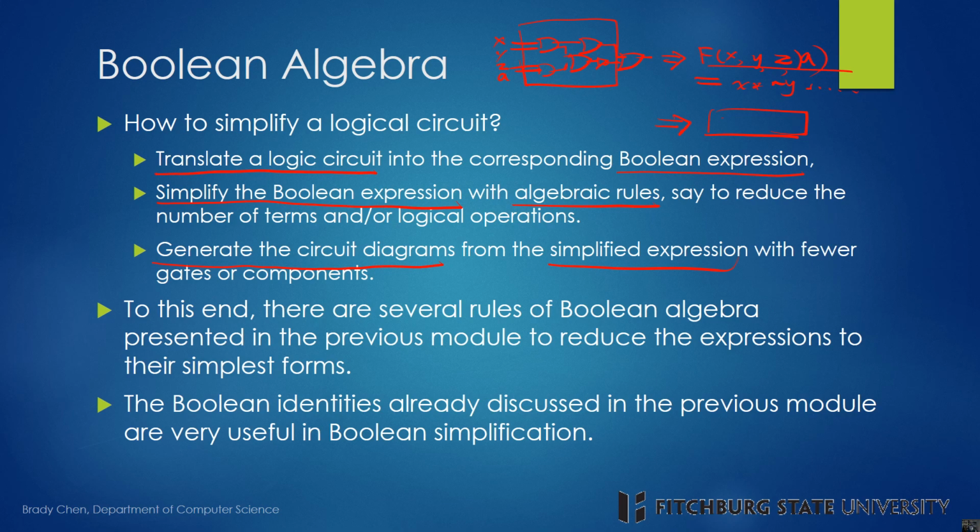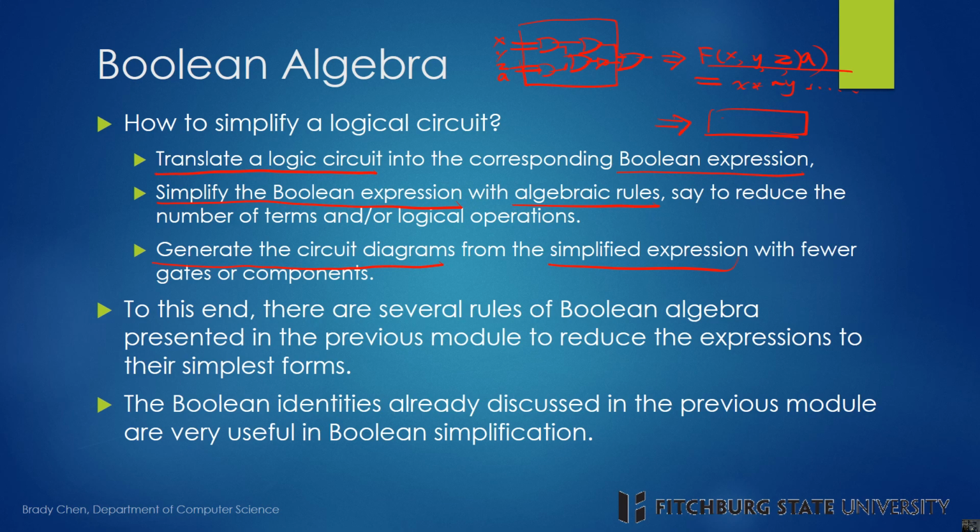Now, to this end, there are several rules of Boolean algebra presented in the previous module to reduce the expression to the simplest form. The Boolean identities we discussed earlier include several laws, like the identity law, the associative law, or the commutative law.